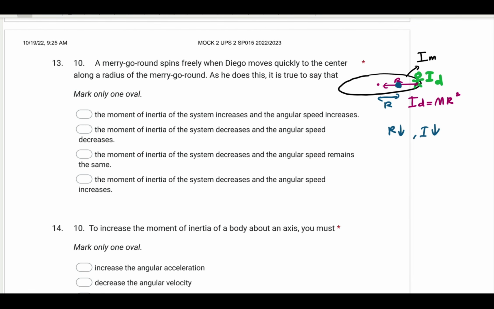So when I is decreasing, omega angular velocity increases. So when Digo moves quickly to the center, okay, dia akan nampak sendiri perubahan. Okay, di mana merry-go-round ni akan rotate semakin tinggi. Dia sama je macam soalan yang depakan tangan tadilah. Okay, so contohlah conservation of angular momentum initial equal to final.